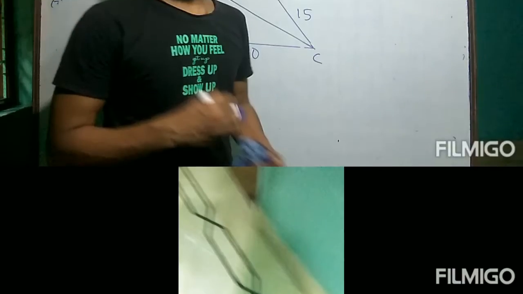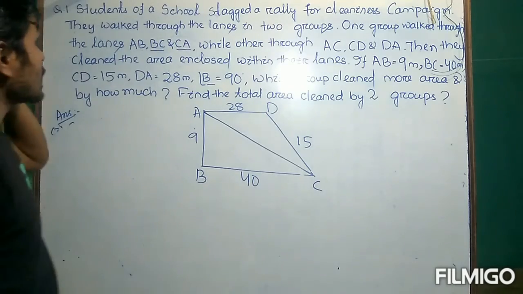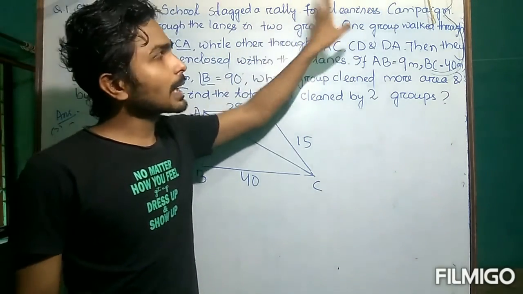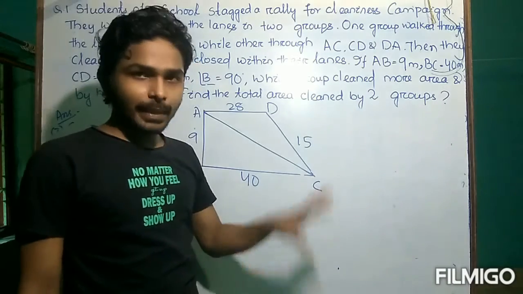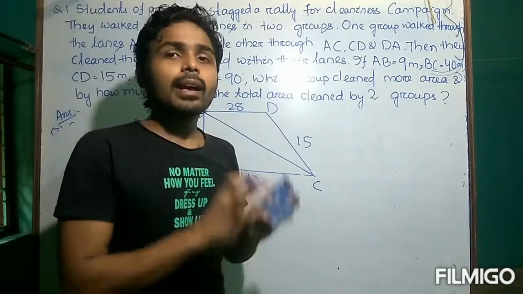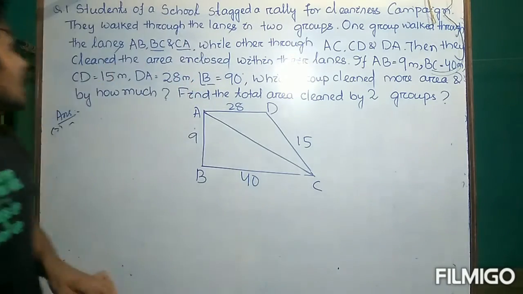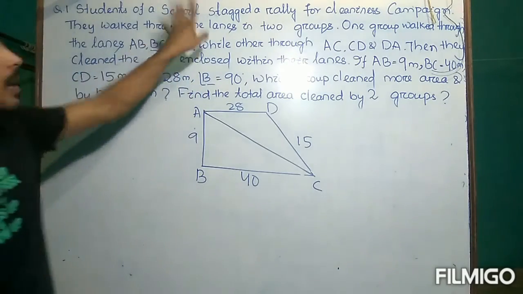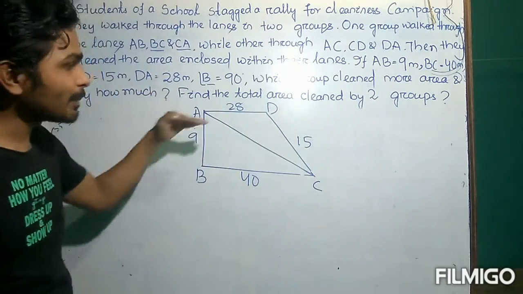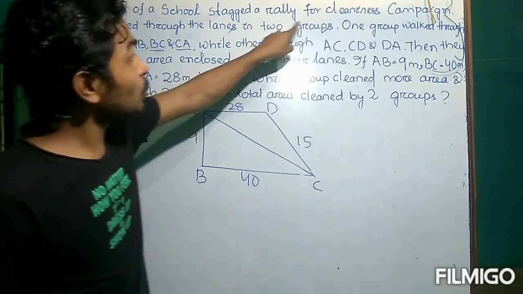Okay. Now coming to question number 2. In question number 2 it is given that students of a school start a rally for cleanliness campaign. It means in a school the students are starting a rally for cleanliness campaign. They walk through the lanes, that means they walk through the roads in 2 groups.